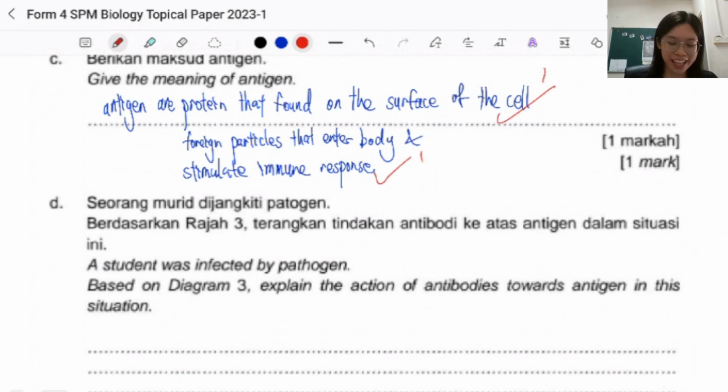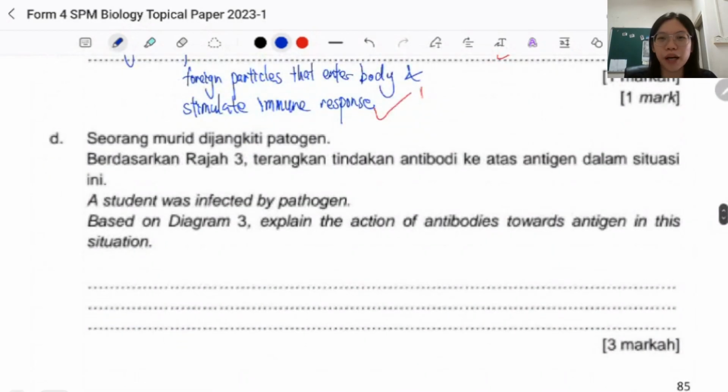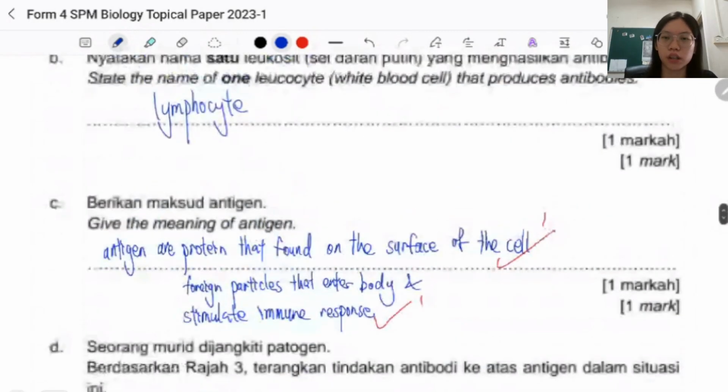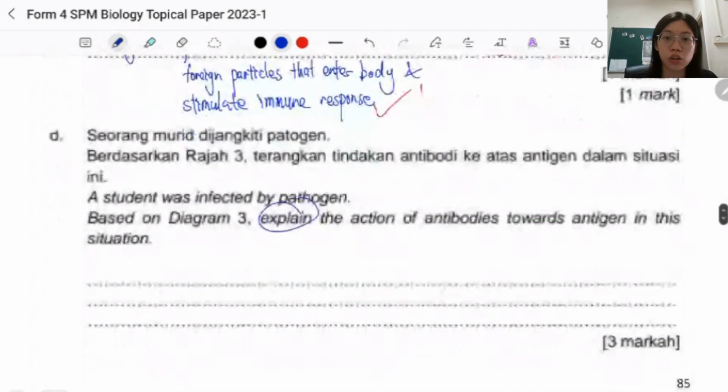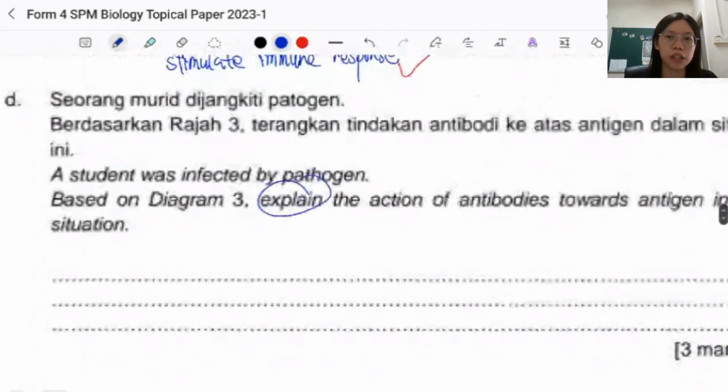Okay, the next question. A student was infected by a pathogen. Explain the action of antibodies towards the antigen in this situation. How are you going to explain based on the diagram? A lot of students don't read the question properly.